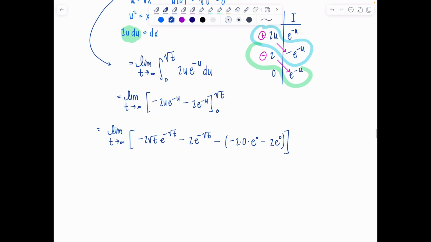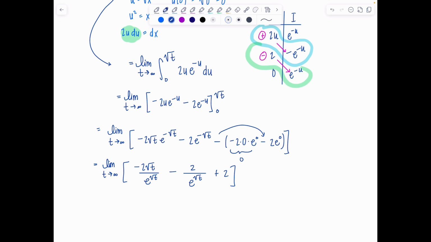I think it's helpful when you have a negative exponent and you're trying to figure out the limit to rewrite that in the denominator as a positive exponent. It'll just help your brain see what's going on better. So the limit as t goes to infinity of negative 2 square root of t over e to the square root of t, minus 2 over e to the square root of t. That's just 0. And then this is going to give me, that's right, plus 2.